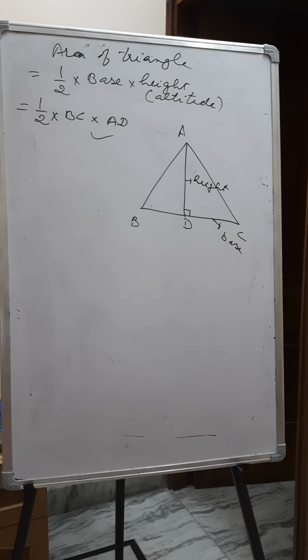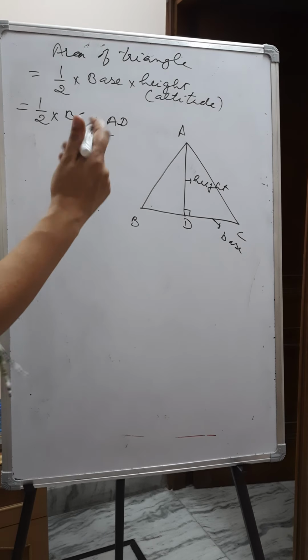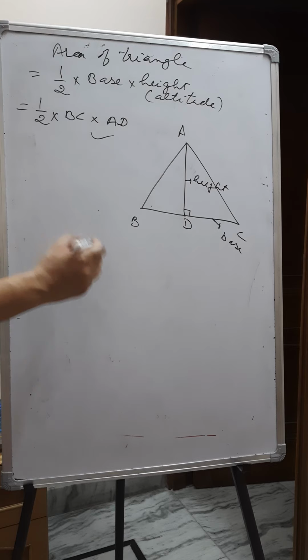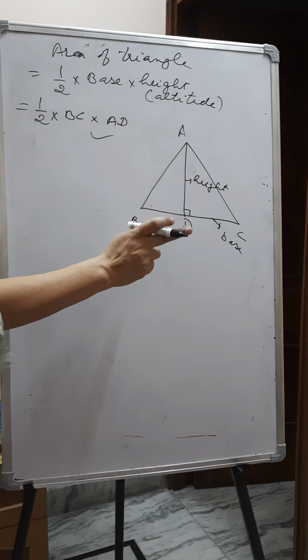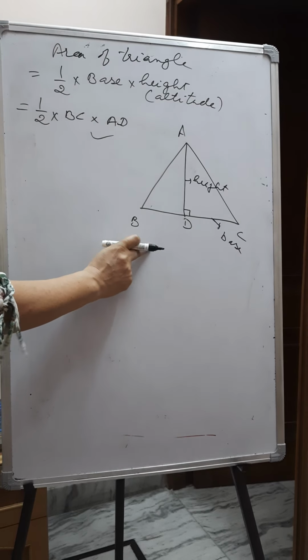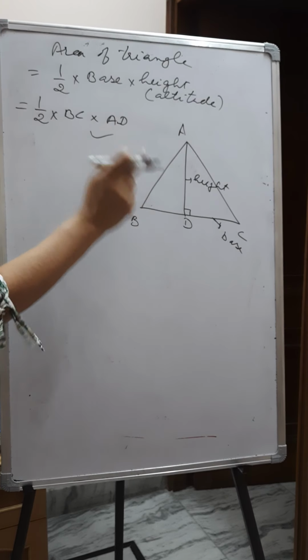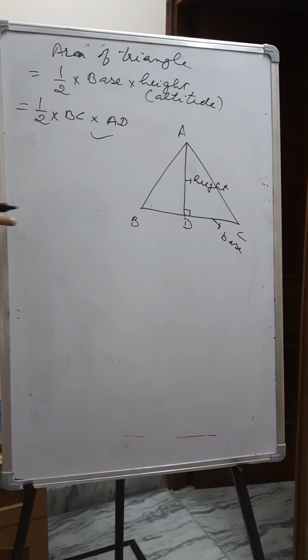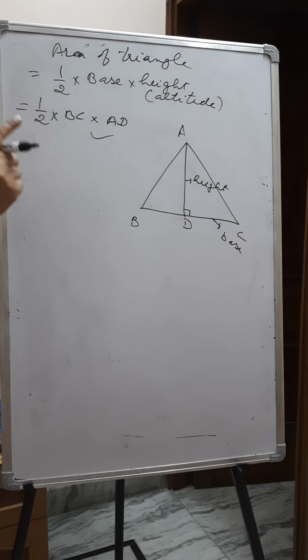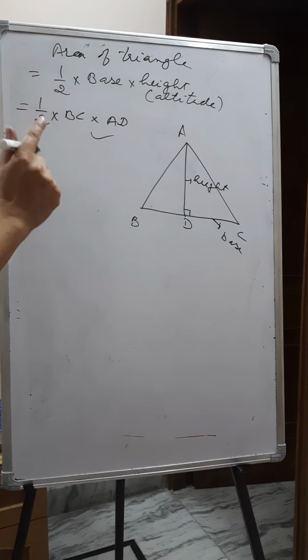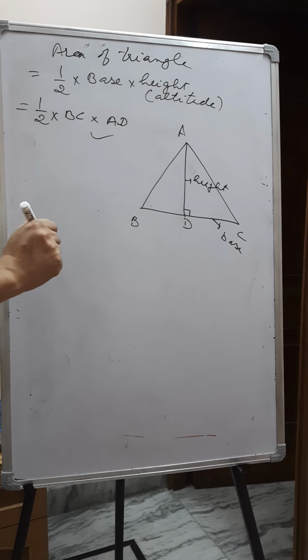But the new thing added is not a new concept, it is an addition. Base is not always the side which is down. Followed. Base is that side on which the height is making an angle of 90 degrees.